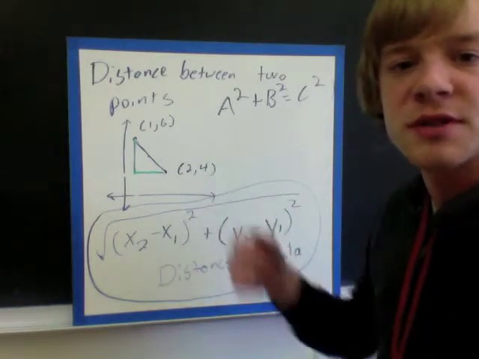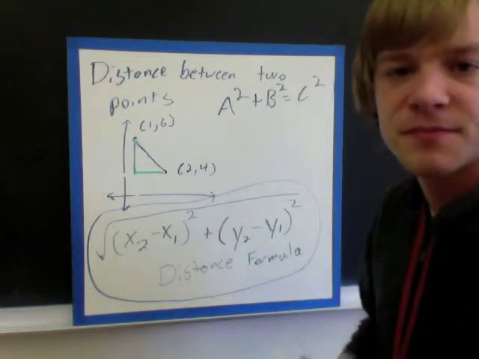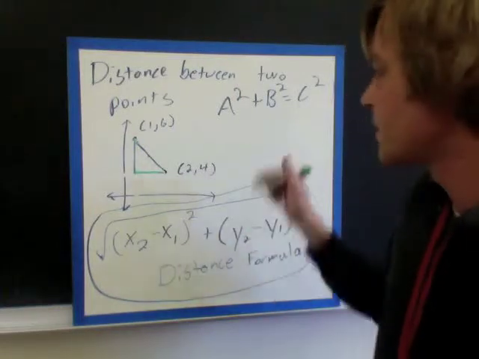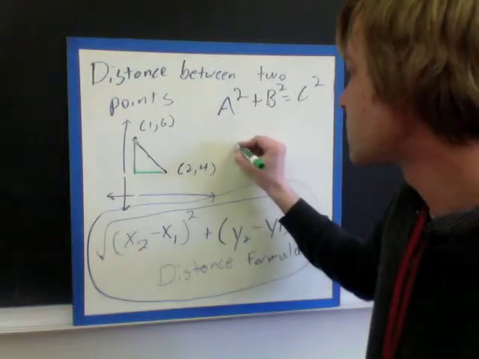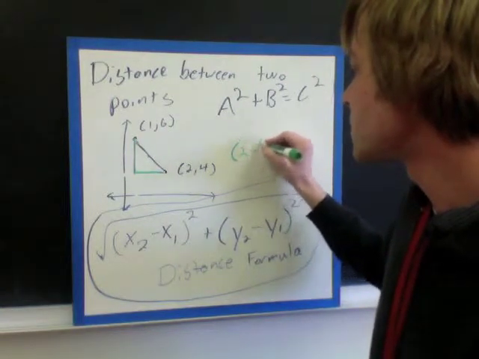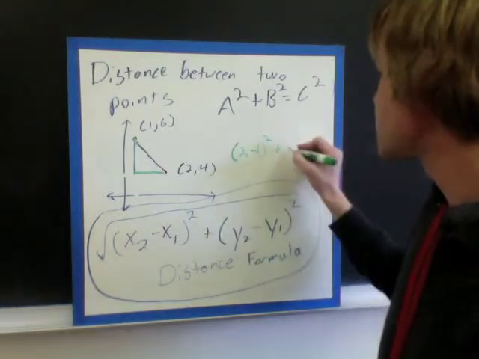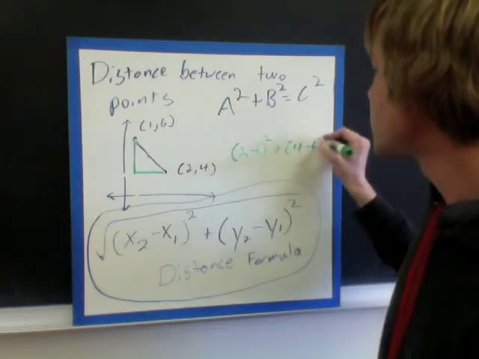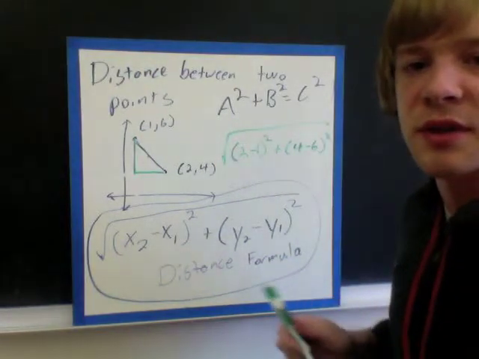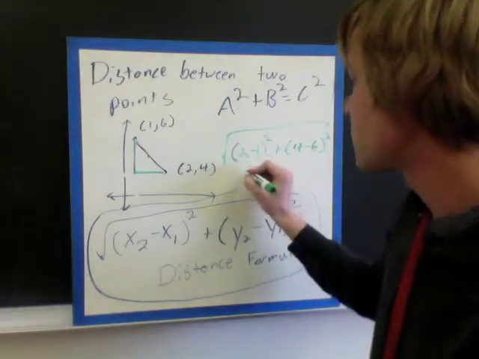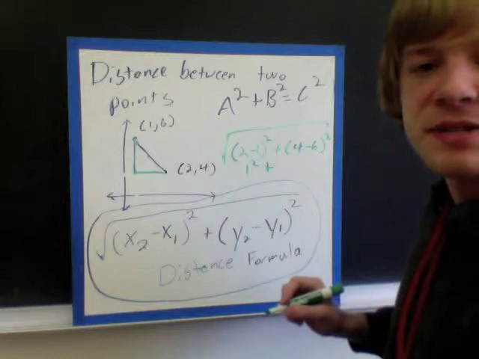And if we try this out for this problem right here, I'm going to put this in green. We would have 2 minus 1 plus 4 minus 6, and that's all inside of a square root right there. Well, 2 minus 1 is 1. And 4 minus 6 is negative 2.